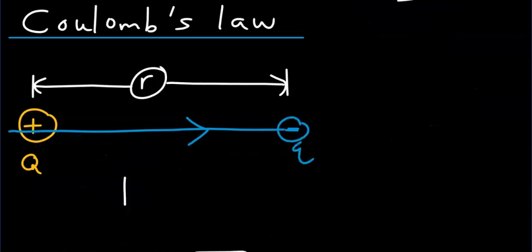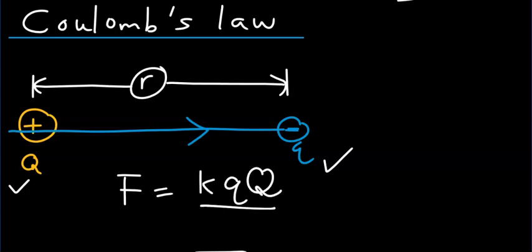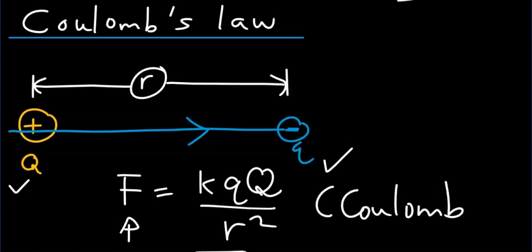So the force between this pair of charges is given by K, the product of the two charges, over the distance between them squared. Now this is the magnitude of the force between them. This is what we call the Coulomb force, and this expression is known as Coulomb's law.